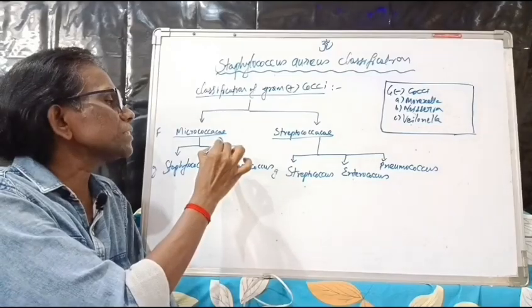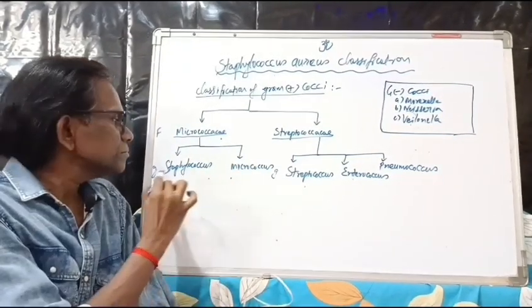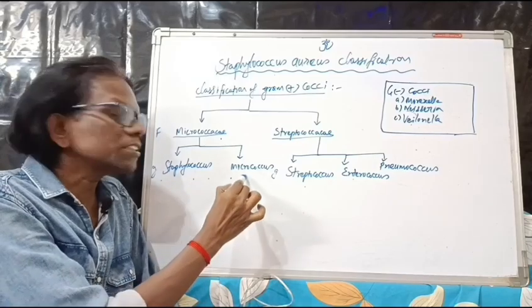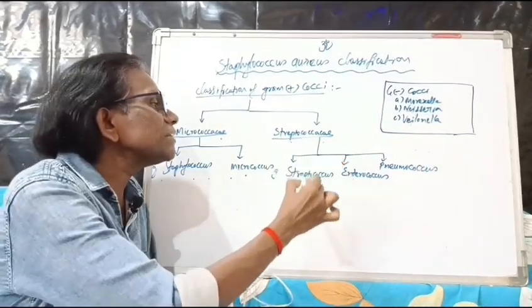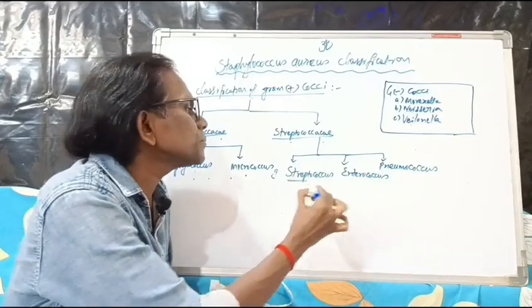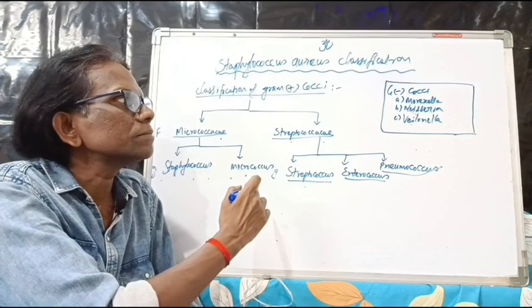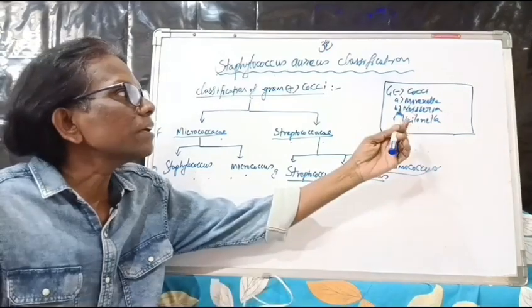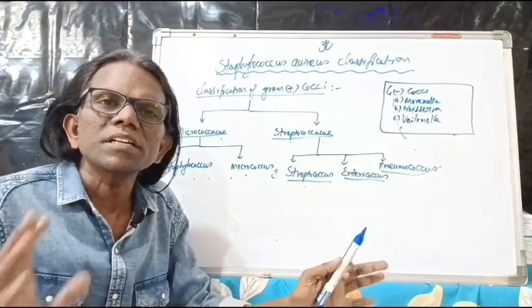The family Micrococcaceae is again divided into the genus Staphylococcus and the genus Micrococcus. The family Streptococcaceae is again divided into three categories: genus Streptococcus, genus Enterococcus and genus Pneumococcus. So this is the broad classification of gram-positive cocci, and these three are gram-negative cocci.